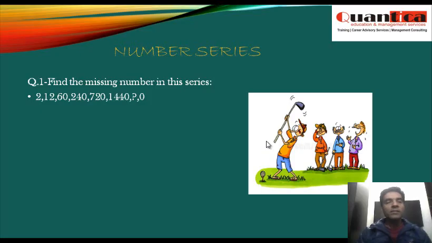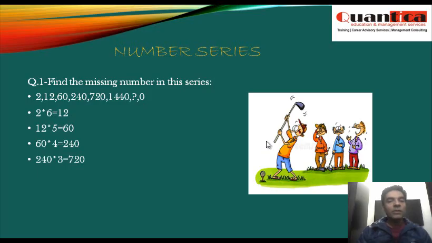If you look at the series very carefully, you can see that 2 into 6 is 12, 12 into 5 is 60, and 60 into 4 is 240. So the multiplier is decreasing by 1 every time. The next term, 240, will be multiplied by 3 to give you 720, and 720 is multiplied by 2 to give you 1440.